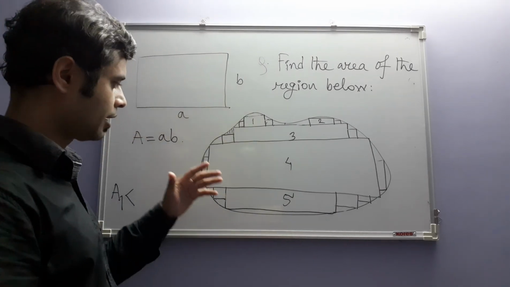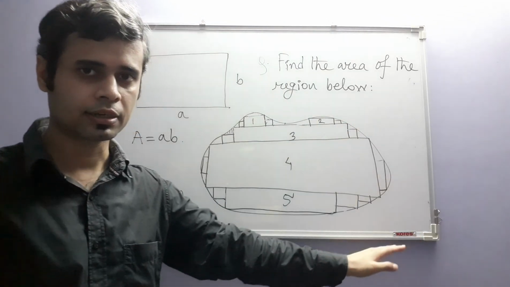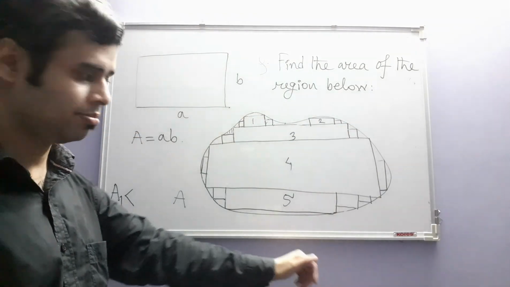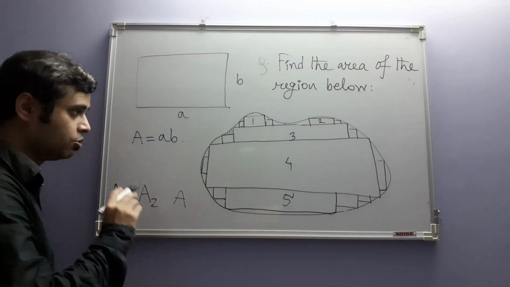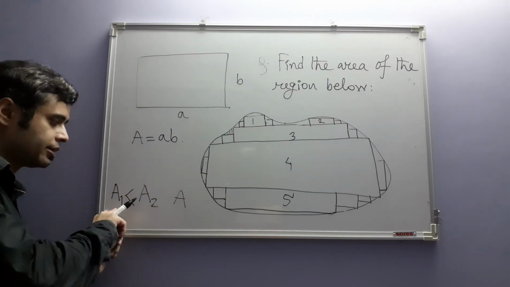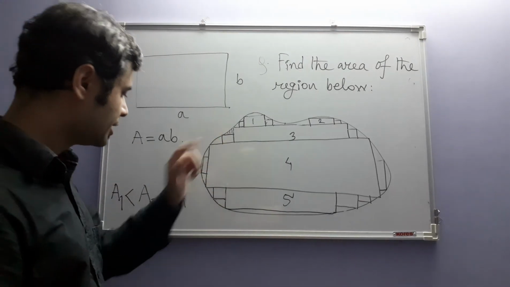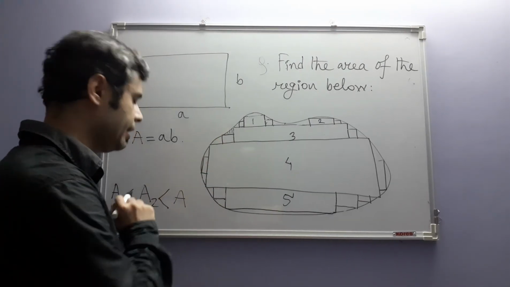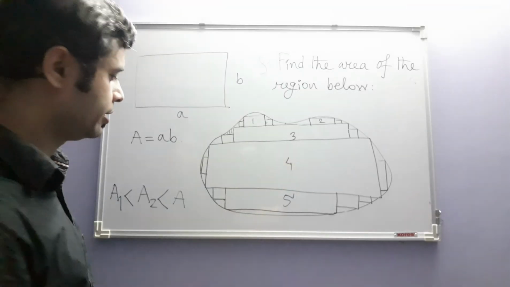But if we include these extra rectangles and add their total area to A1, we get a new area A2, which is definitely greater than A1 because we have more rectangles. But it still stays less than A because we have missed some parts of the total area.